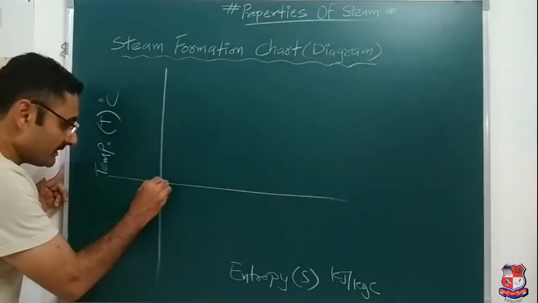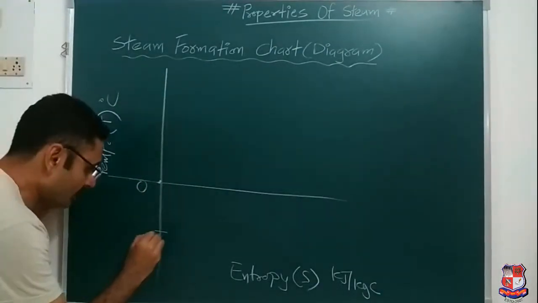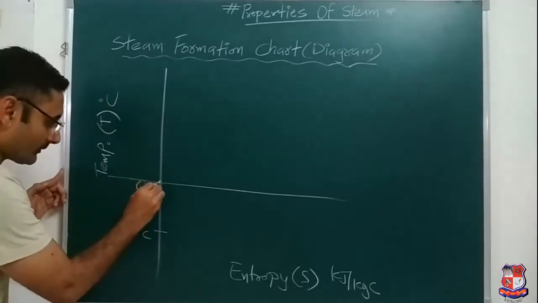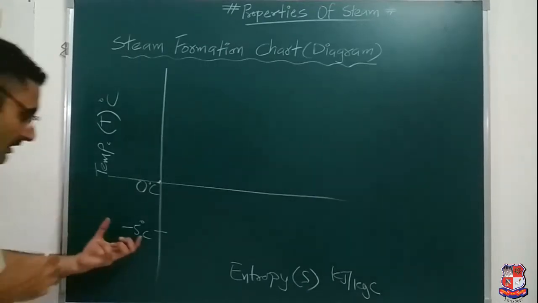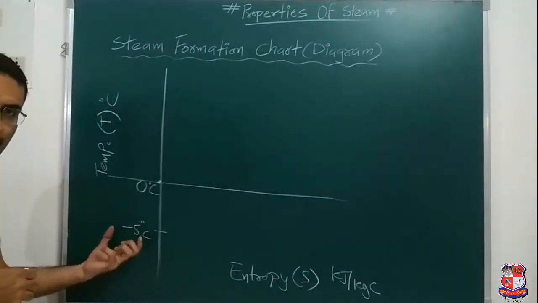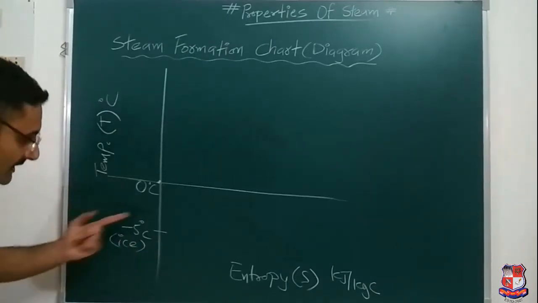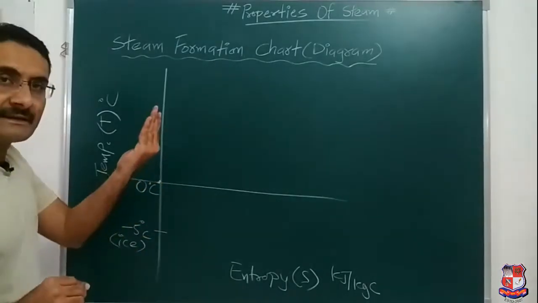Now, supposing over here the temperature is 0 degree centigrade, and over here it is minus 5 degree centigrade. Clear about this? At minus 5 degree centigrade, I have one ice. If I supply heat to that ice, what happens? Its temperature will increase.